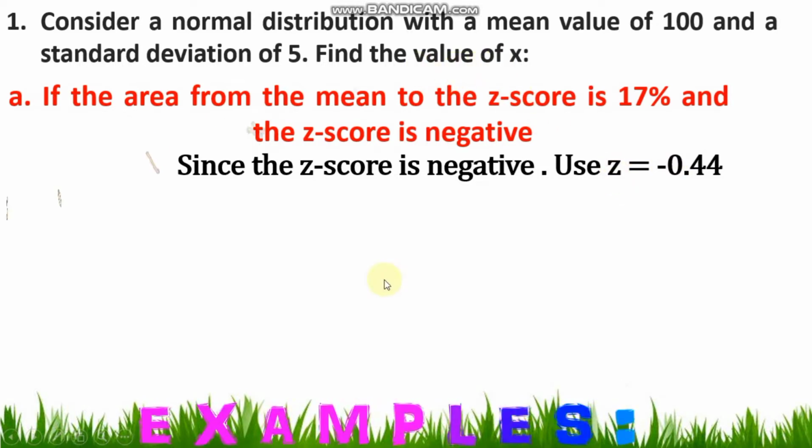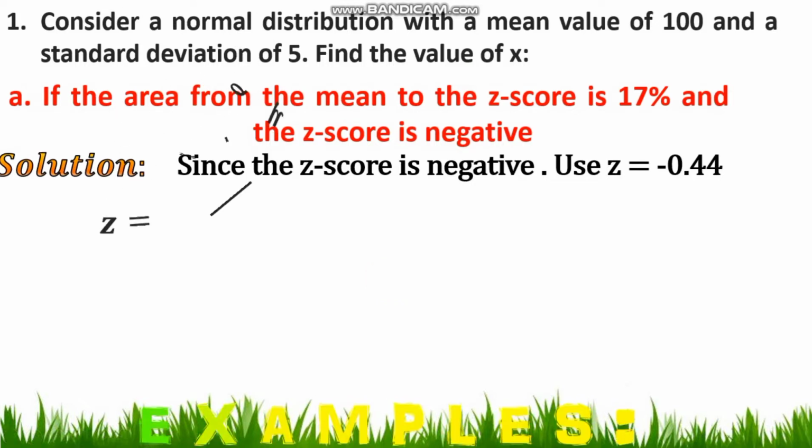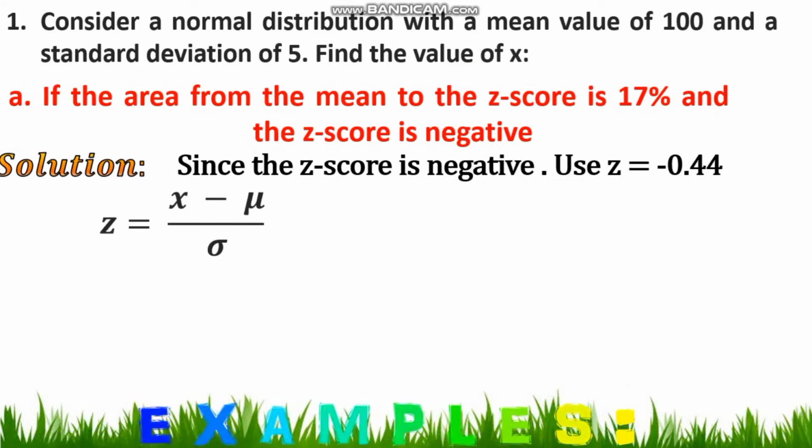Right? So, we will use now this value of z to find the value of x. We will use the formula for getting the z-value, which is z is equal to raw score x minus mean divided by the population standard deviation. So, simply substitute what's in the given. So, z is equal to negative 0.44.